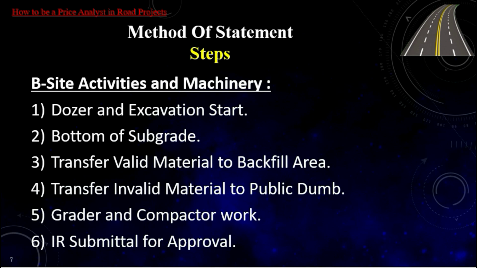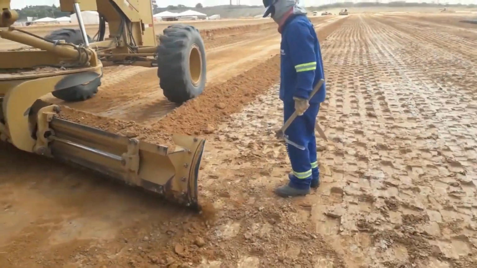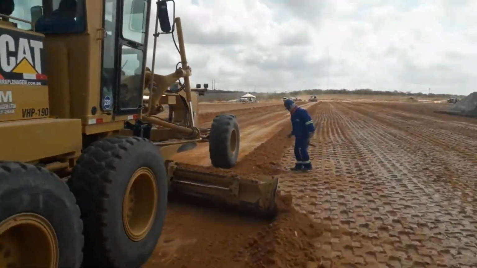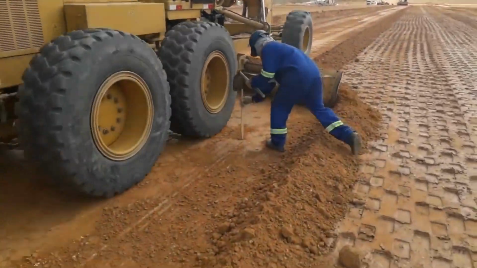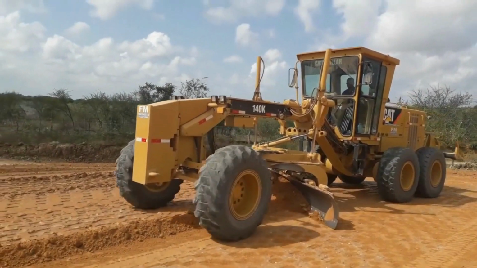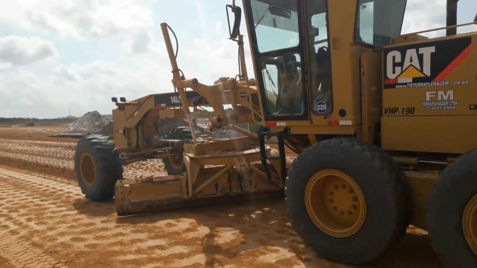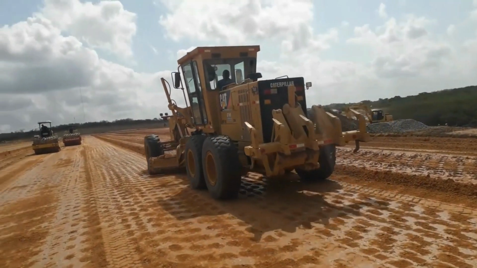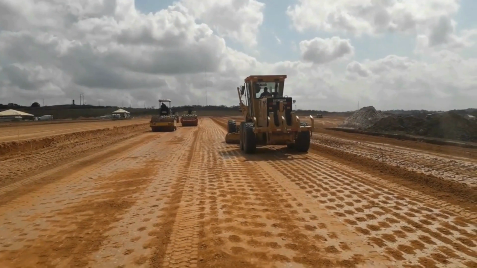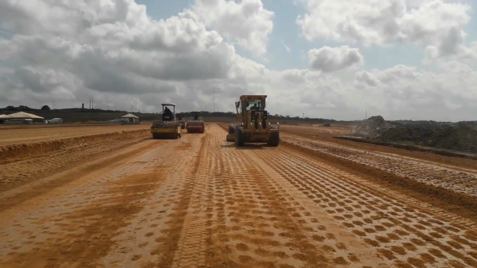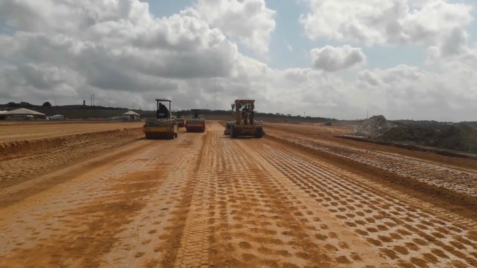5. Grader and compactor work. After reaching the approximate levels of the bottom of subgrade, the grader equipment starts to perform the final grade levels, water spraying, and compaction, adjusting the cross slope and superelevation. 6.